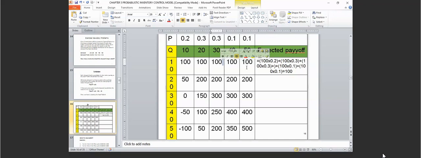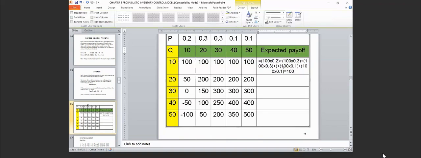So we multiply the expected profit in this cell with the probability of demand here. So at the end we have a total expected payoff of 100 ringgit. So the expected payoff for the quantity order of 10 unit will be 100 ringgit.